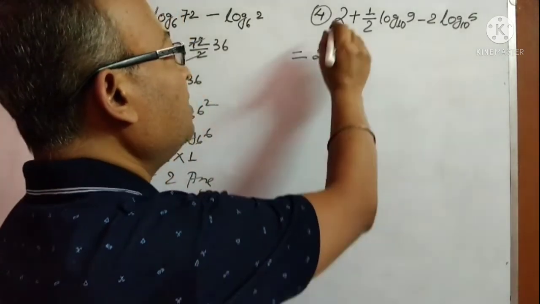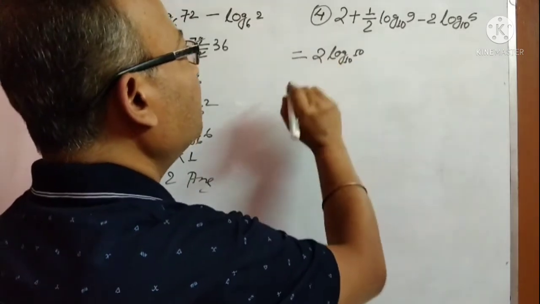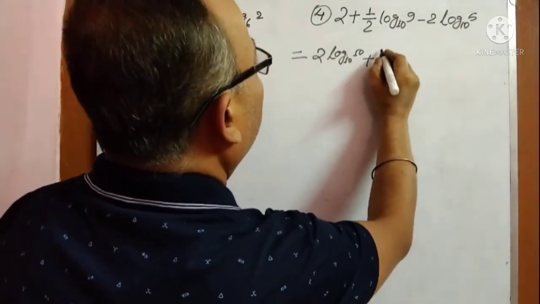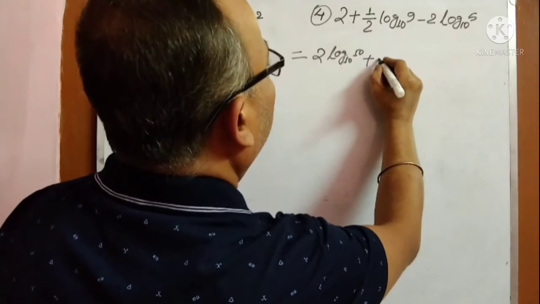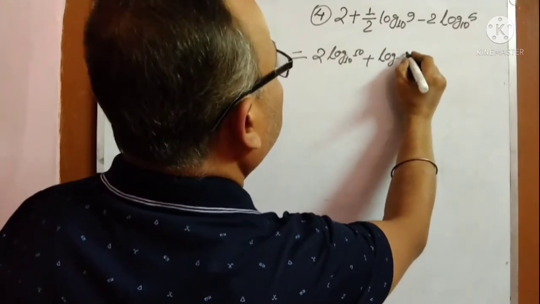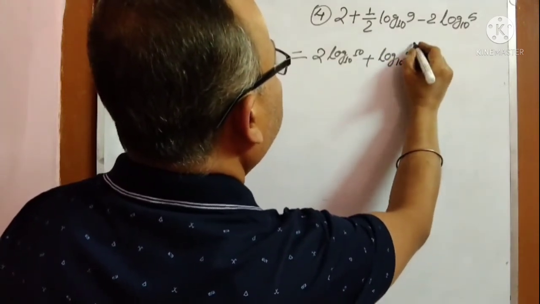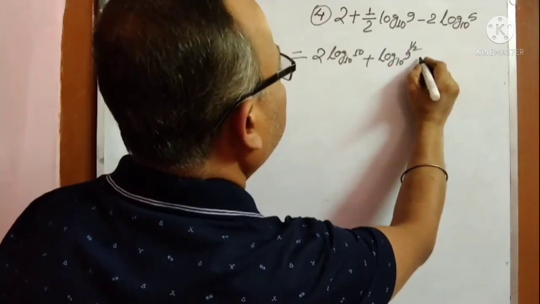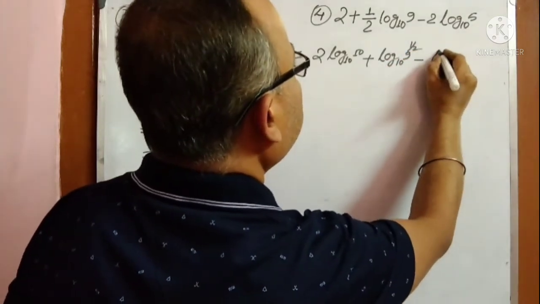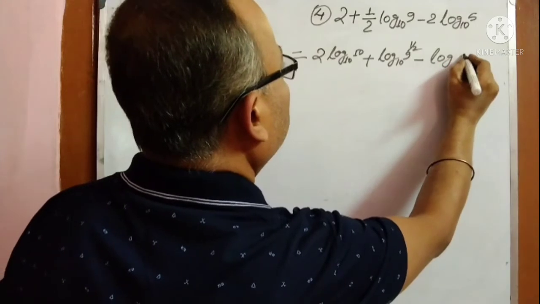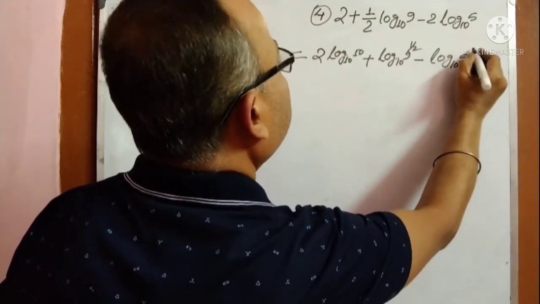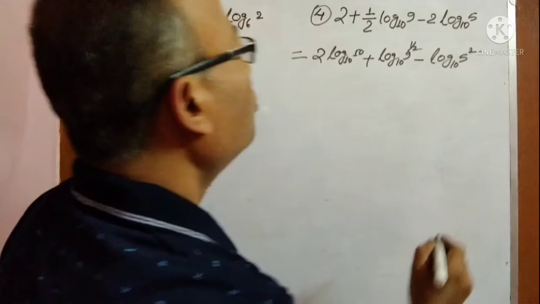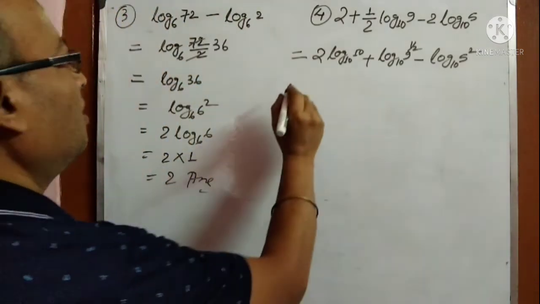So 2 into 1 is the same 2. So I can write 2 like this. Now log 9 to the base 10 to the power half minus log 5 to the base 10 to the power 2. We can write like this.